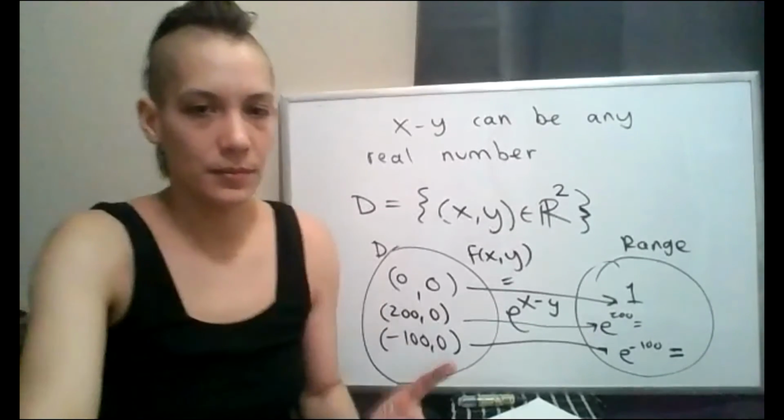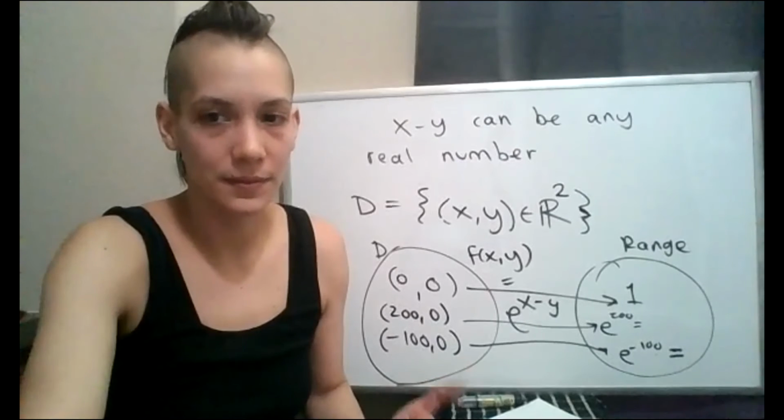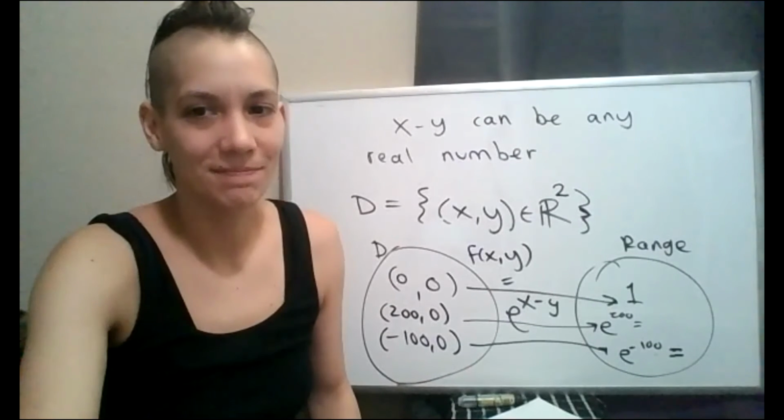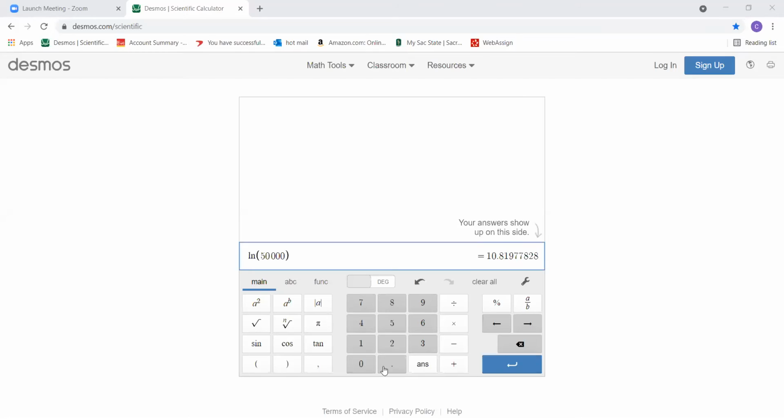Okay, so e to the 200 is a huge number, 7.2 times 10 to the 86. So definitely going to go towards positive infinity.